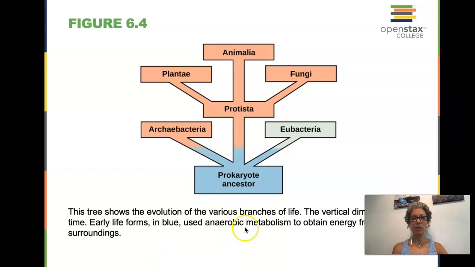So anaerobic means without oxygen. There are still organisms in the archaebacteria and the eubacteria that can definitely live in the absence of oxygen. Some of them are able to do so if they have to, others are required to do so. Once we get above that, all of these organisms have some requirement for oxygen.